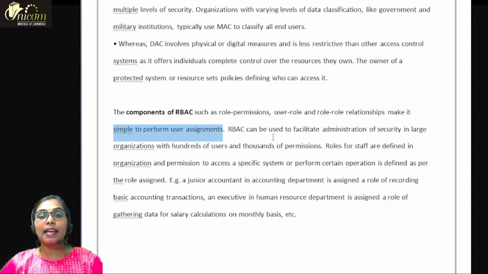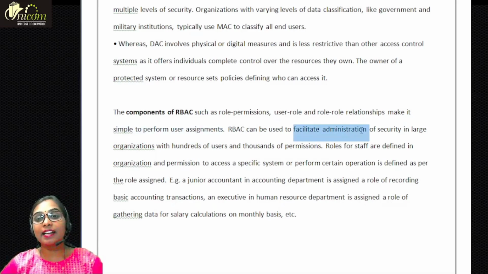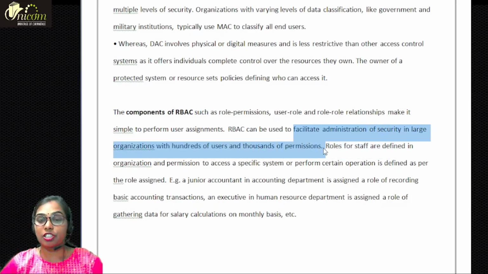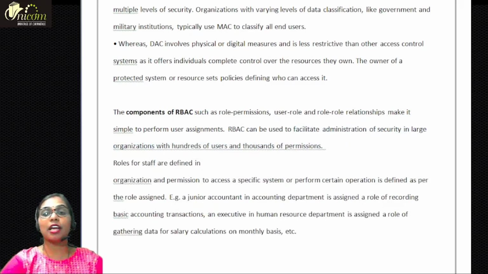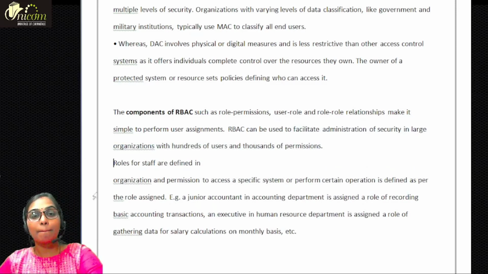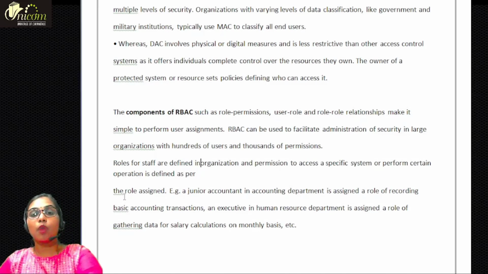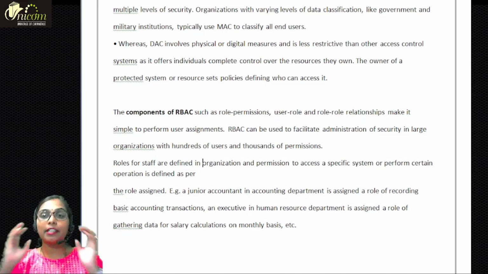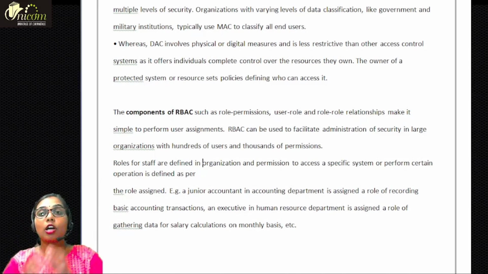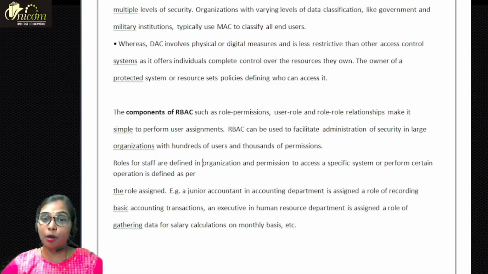The RBAC can be used to facilitate administration of security in a large organization. I said, it is very much helpful when you have big organizations, and in the big organizations, what happens to make sure that particular work or the department or the administration should be properly secured, or the security should be maintained properly. This particular RBAC is most helpful, right?